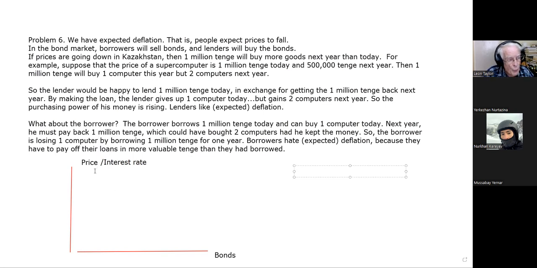We can, on the vertical axis, express both the price and the interest rate on the bond. Remember that bond prices and interest rates move in opposite directions. If bond prices rise, interest rates will fall.